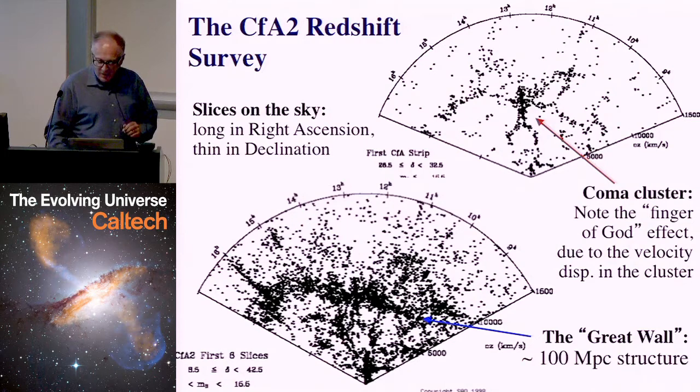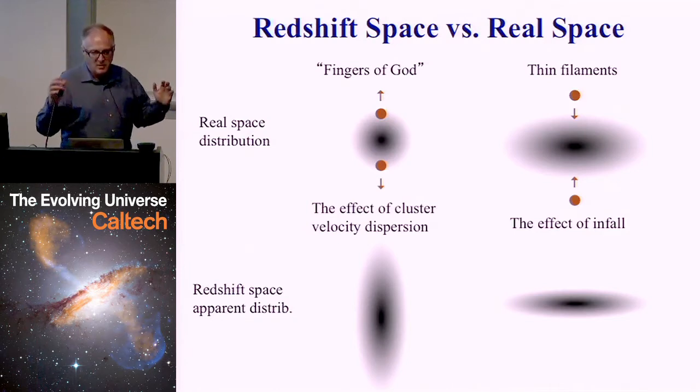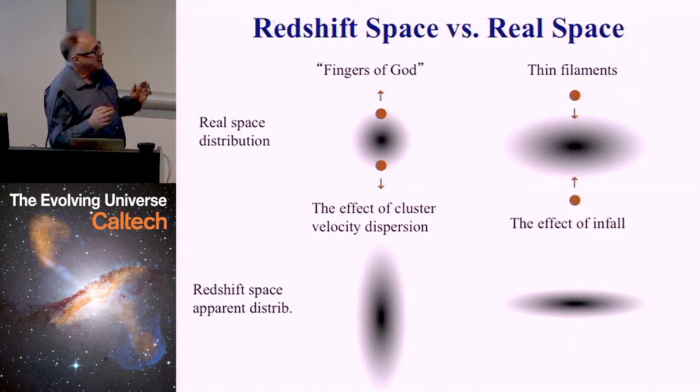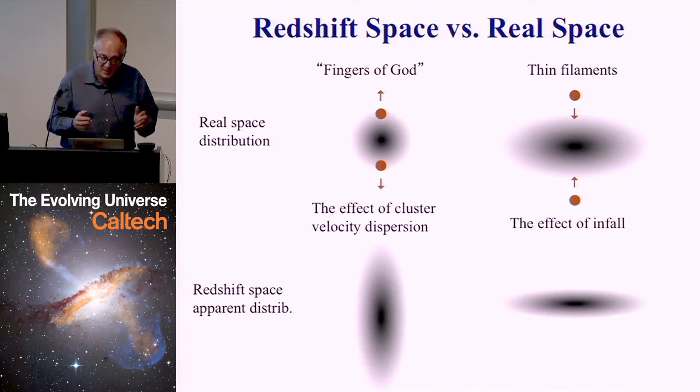So what we're measuring really is not the distance, it's redshift. And that is a combination of the actual cosmological expansion velocity, which we could translate directly into distance, but also galaxies have their own velocities that have been caused by gravitational infall. And so in real space, say if you have a dense cluster of galaxies, it will have velocity dispersion, kinetic energy, and random motions just to balance against the gravitational potential of this massive cluster.